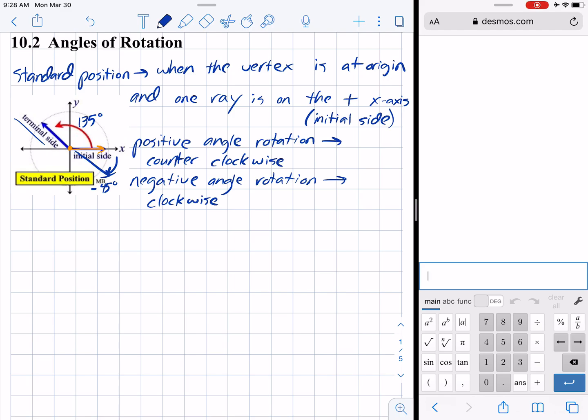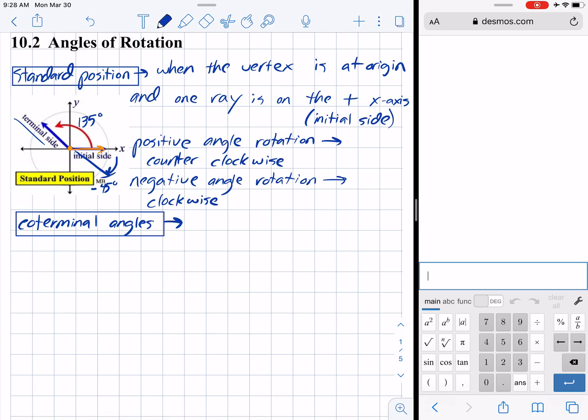Okay, a couple more vocabulary terms here that we're going to be using for this section. Coterminal angles. Hopefully you can see the two words that make up coterminal.